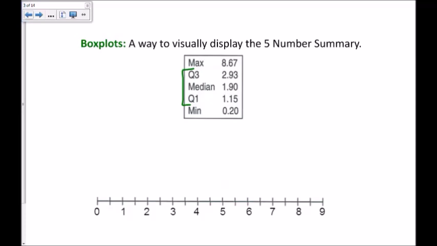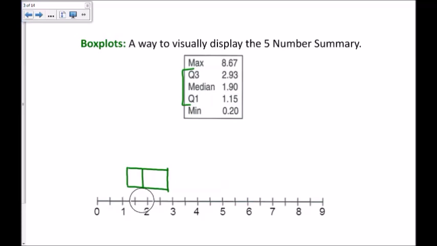Q1 is 1.15, so I draw a vertical line at about 1.15. The median is 1.9, and so I draw a vertical line at about 1.9. And Q3 is 2.93, so I draw a vertical line at about 2.93 and I connect them. So here is the box for our box plot.